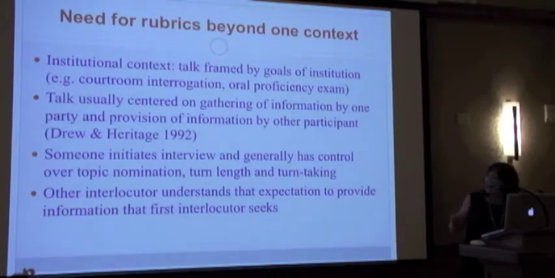And in that context, the talk is usually centered on one party asking the questions and the other party giving information. The interviewer initiates the interview and has control over topic nomination, turn length, and turn taking, and the other person understands what the expectations are and just provides that information. So actually, the pragmatic part of that hardly enters into it because the expectations are so strong and set up.